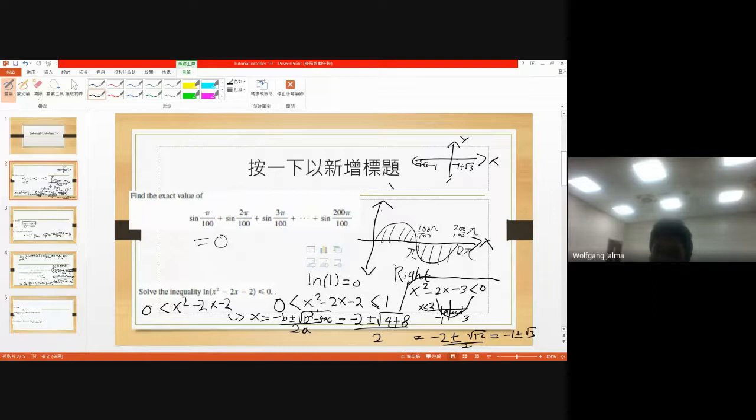So it must be positive. So we have something like this and this, and from here we have minus 1 here and 3. So our answer must be the intersection that satisfies both of the conditions, right?